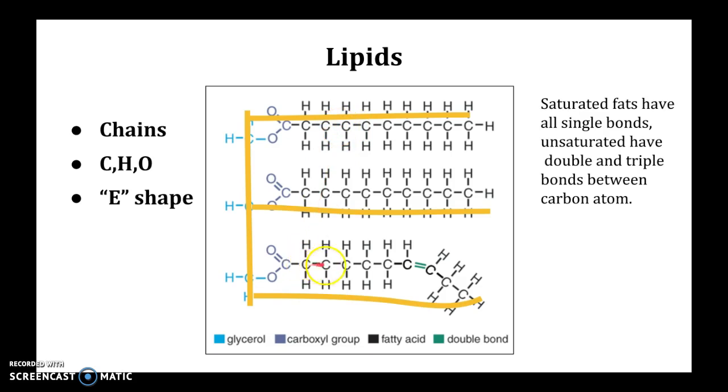However, unsaturated fats, which is what we see in this particular tail or chain, have double and sometimes triple bonds between the carbon atoms. And this is an unsaturated fat.